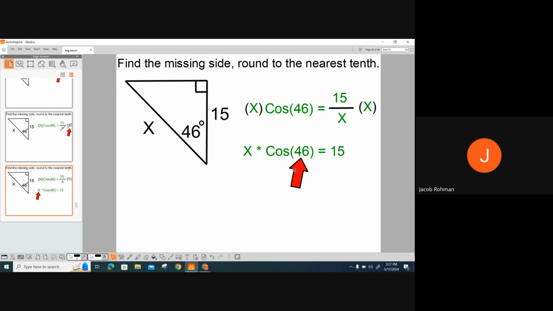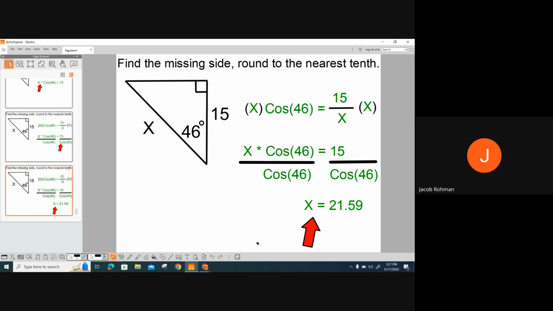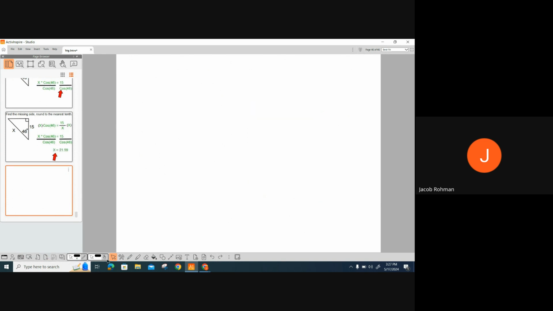Now to solve for x, I have to divide both sides by cosine 46. So x is going to be equal to 15 divided by cosine of 46, which is 21.59. And if you round that to the nearest tenth, you would get 21.6. And this concludes our video lesson.